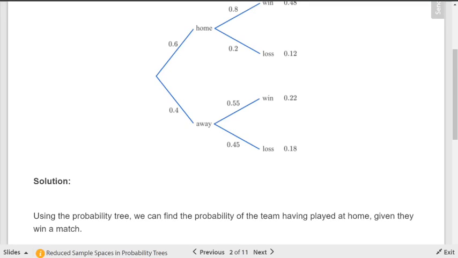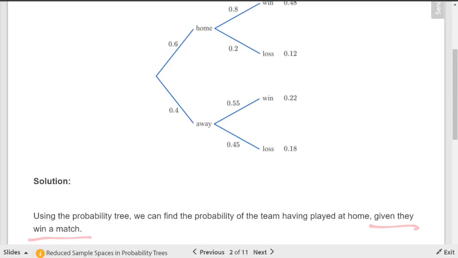Okay? So what is the word there that is my restrictor? Given that they win a match. So that tells me that all I'm concerned with are their wins. And from that, I'm going to select the probability that they won playing at home.